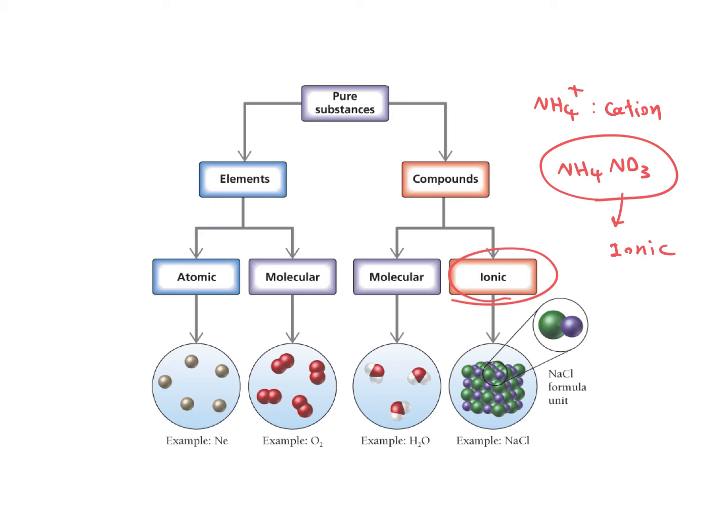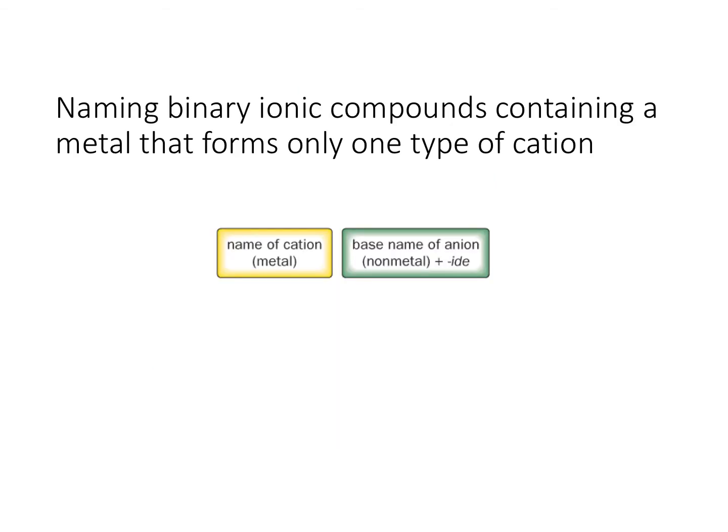But it's possible you have an ionic compound and you don't have a metal, and that is the exception. Does that make sense? Any questions? Okay. And these are review, but again, I have these slides, so refresh your memory.